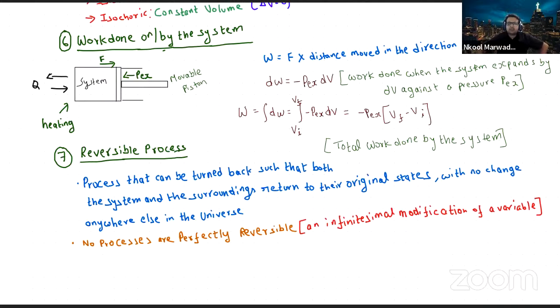Some very small modification will always be there. Like friction, we can never get rid of friction. So when I go from A to B and from B to A once again, because of friction, some energy loss will always take place.